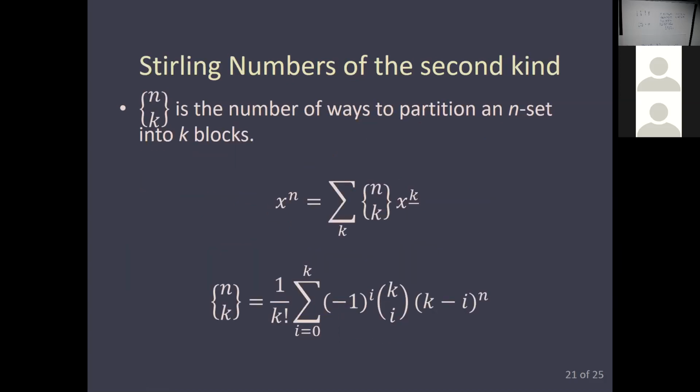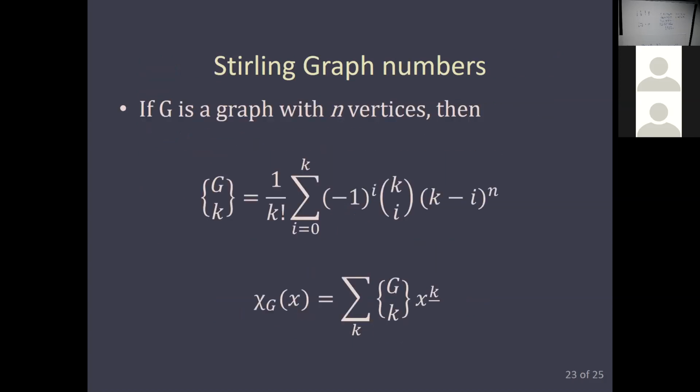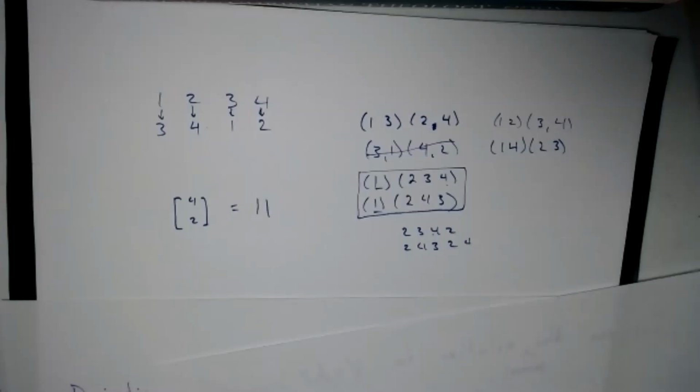So these 2 formulas here, this is a bigger version of the slideshow than the one that you guys have. You guys just have this part of it. So this was slide 21 of my original slideshow. And slide 23, which should be the second to last one in yours, has these identities, which is a new formula for the Stirling graph numbers. Oh, this is the wrong slideshow. I didn't fix that. I'm sorry. Hang on a second, guys. Give me just a second. I got to pull up the right PowerPoint presentation.